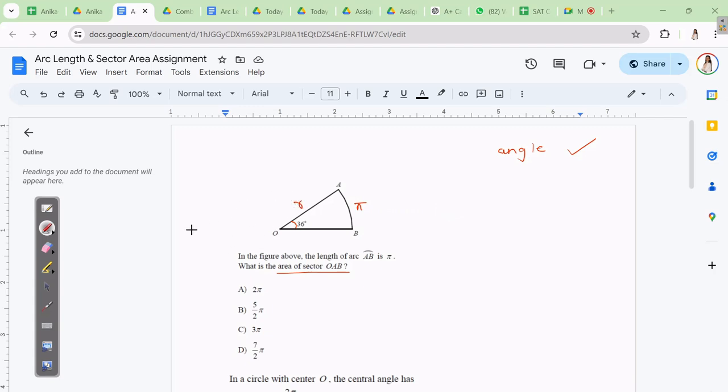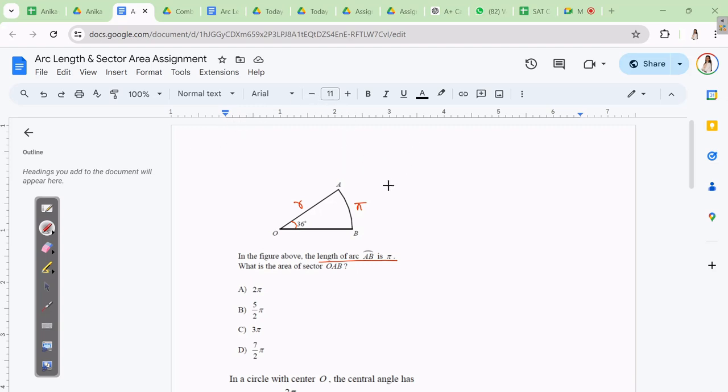They have not given us the radius, but they have given us some other information, which is the length of the arc. The length of the arc AB is pi. By using this information, we will have to find out the radius. This is a very common type of question that you can expect on the SAT math. In fact, I think this is some previous year question.